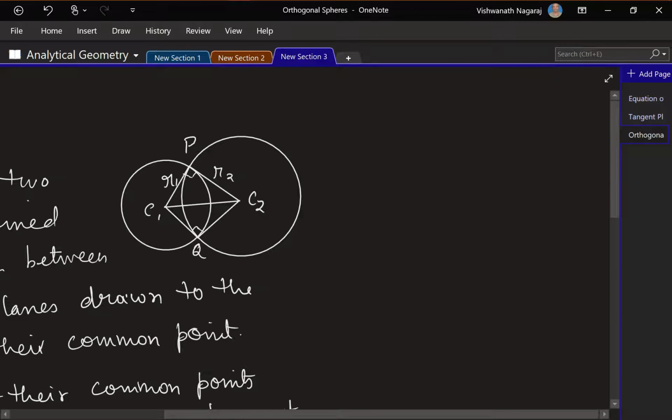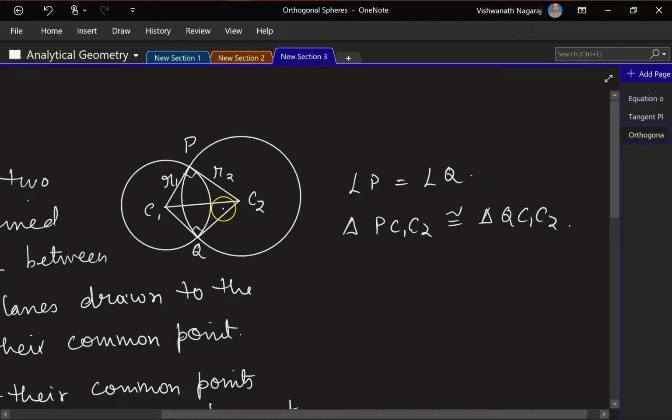Remember, angle P is going to be angle Q. Why? Because triangle PC1C2 is congruent to triangle QC1C2. And why that congruency?